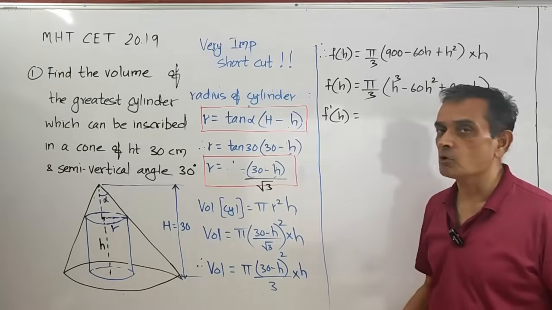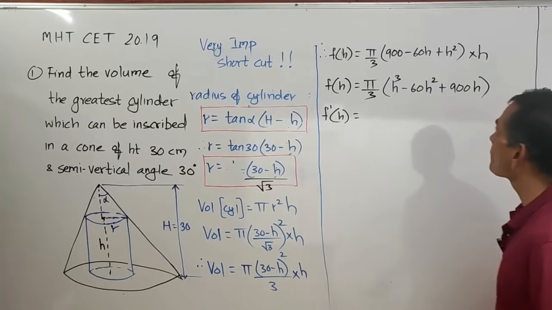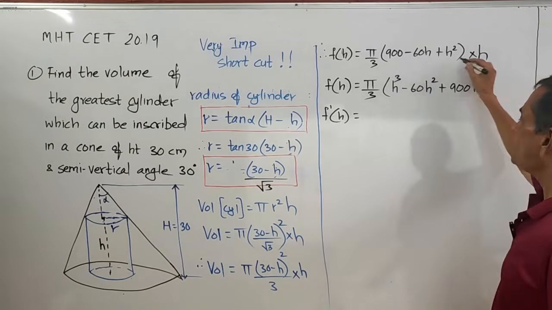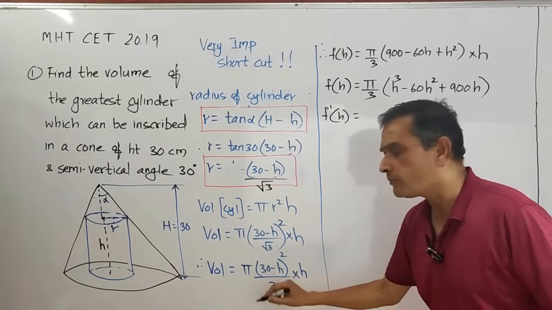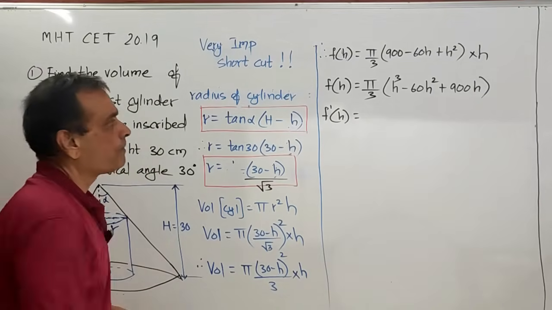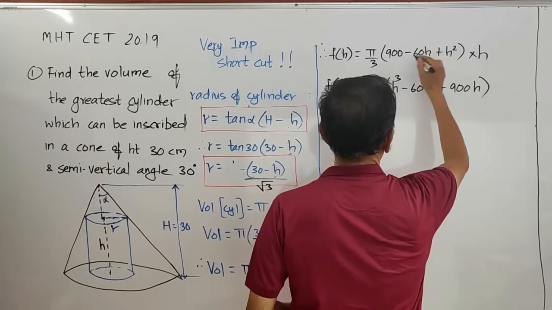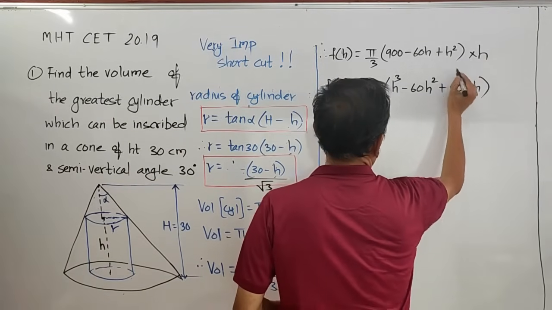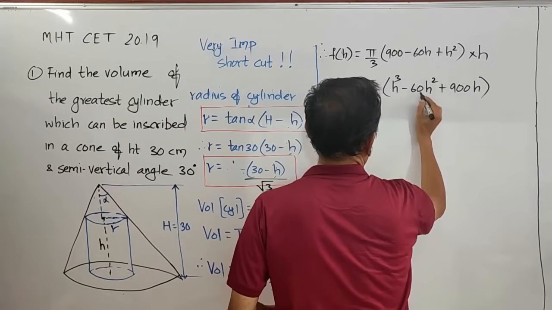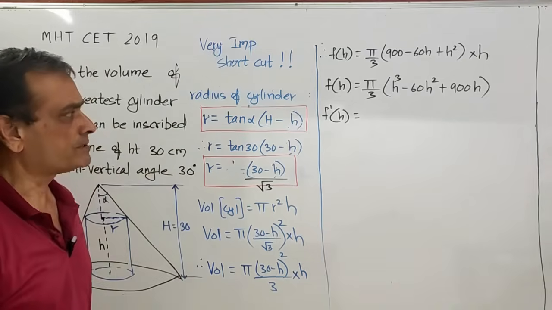These things have to be done orally in CET now, into h, और ये जो upon 3 है I have taken along with π/3, ऐसा लिखा है. फॉलोड? ये 3 इधर शिफ्ट किया है. ब्रैकेट्स ओपन अप करो. h into 900 is 900h, h squared into h is h cube, minus 60h squared. Just rearrange the terms.